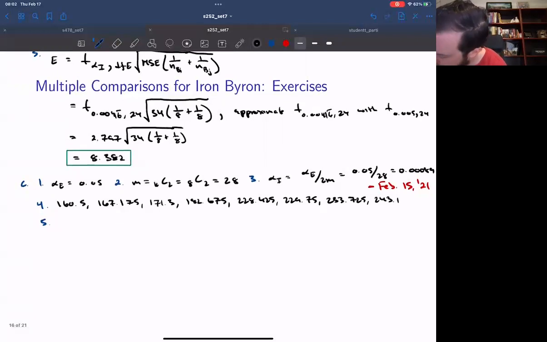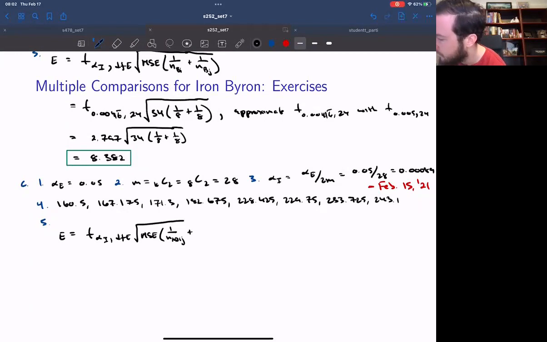Okay, so here we're going to have T alpha I, DFE times the square root of MSE times 1 over little n AB IJ plus 1 over little n AB IJ.